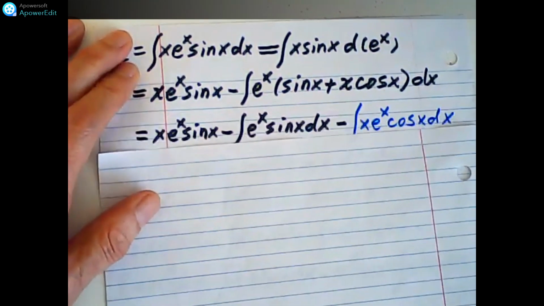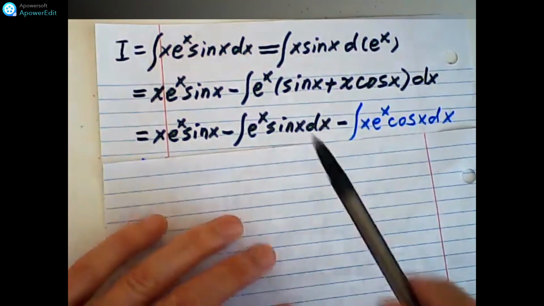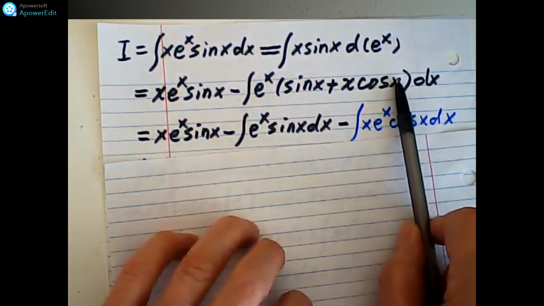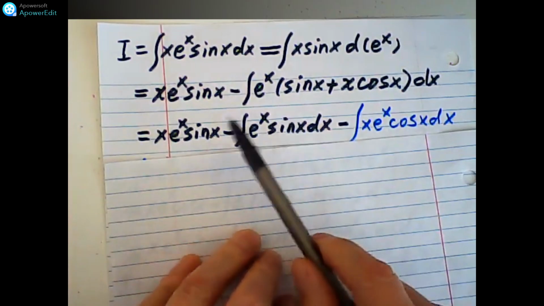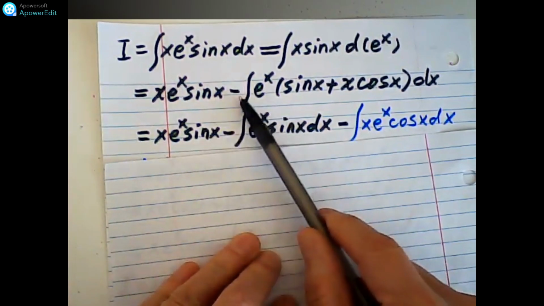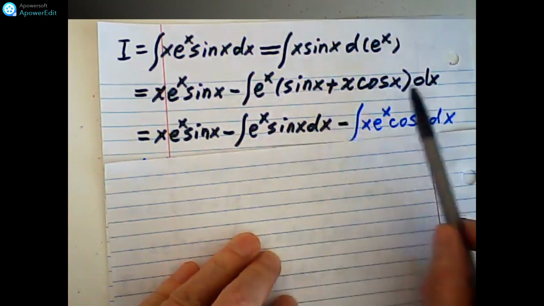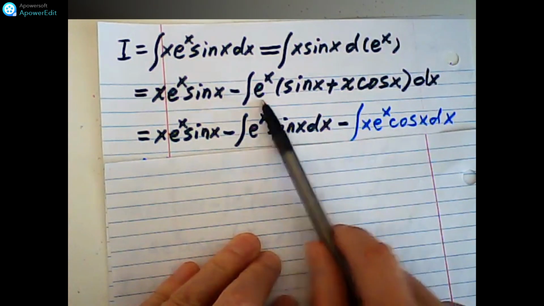Okay? Then I can break up the parentheses, become this minus this integral, minus this integral, right?